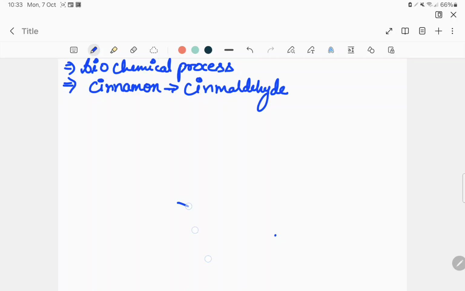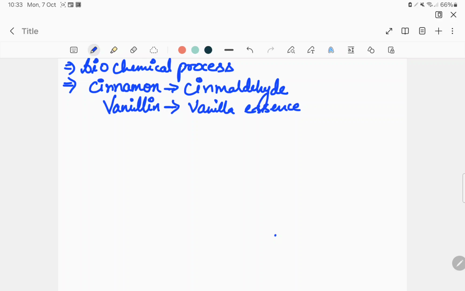Similarly, we have another chemical which is known as vanillin. Vanilla essence is generally used in bakery and ice creams and all.